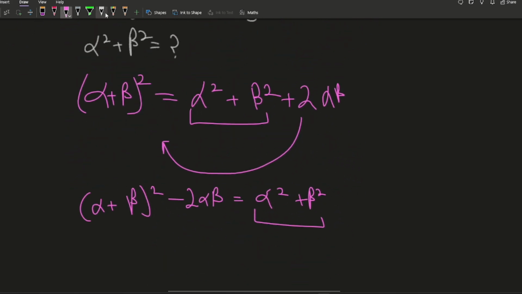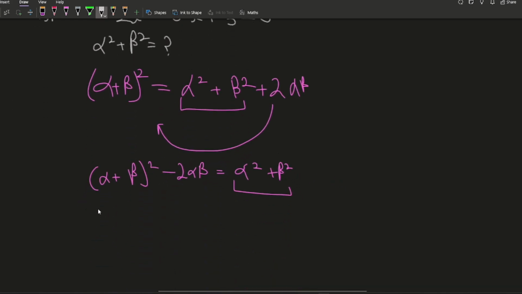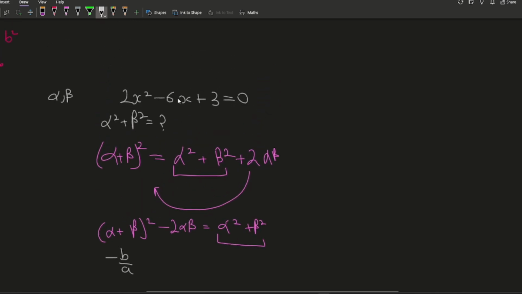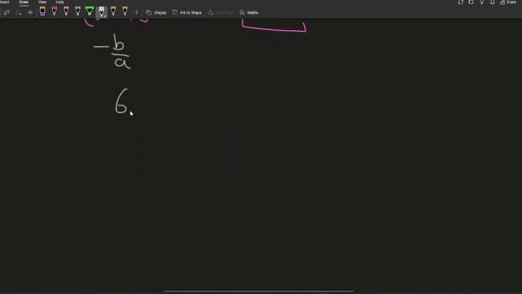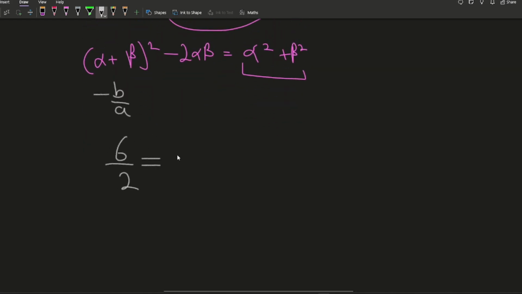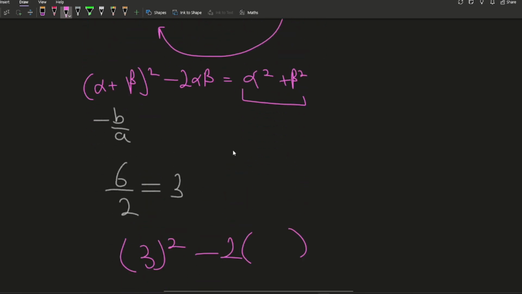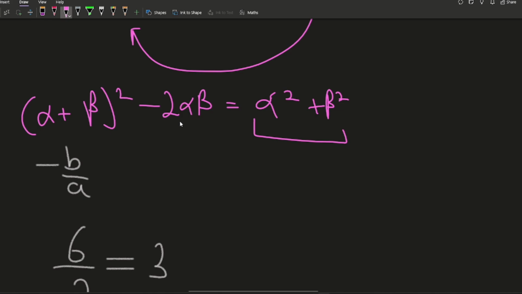So let's do that. Alpha plus beta is equal to minus b over a. Sum of roots is equal to minus b over a. So b is minus 6, so it will be 6, and divided by 2 is 3. So the sum of roots will be equal to 3. So 3 square minus 2 times alpha beta. So let's find the product of roots.